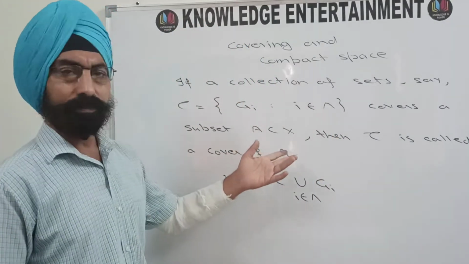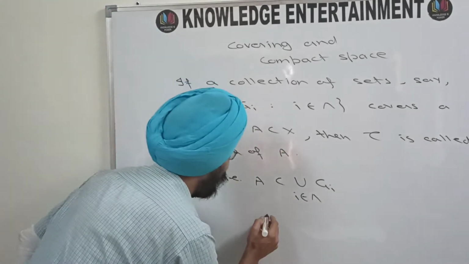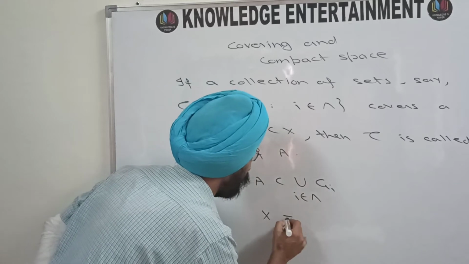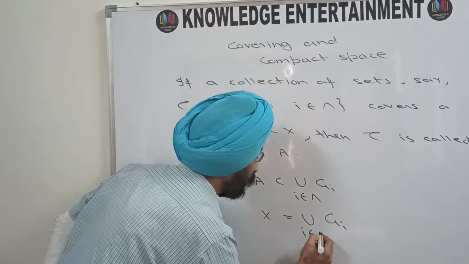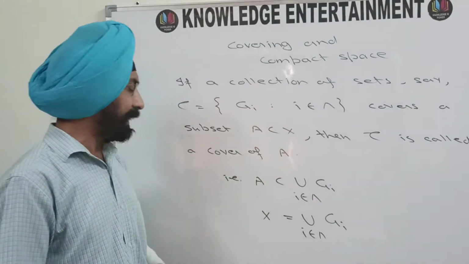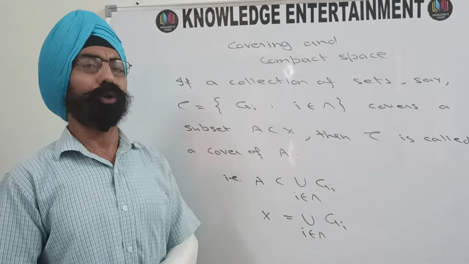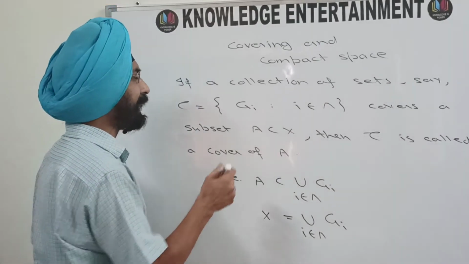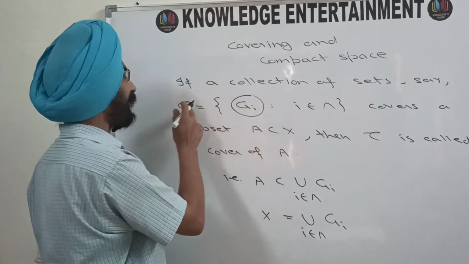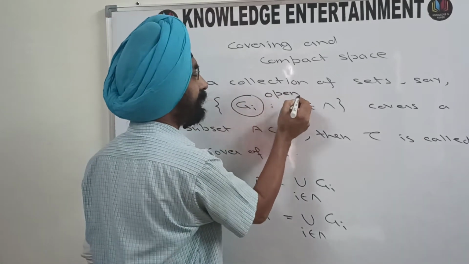So if C covers X, then definitely X will not be a subset, but in fact it will be the union of Gi for i belonging to the family lambda, and in that case C will be called a cover of the topological space X.